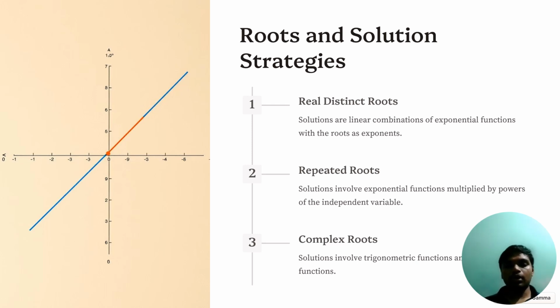There are three cases: two distinct real roots, one repeated real root, and complex roots. Two distinct real roots: if the characteristic equation has two distinct real roots, say r1 and r2, the general solution is y(x) is equal to c1 e power r1x plus c2 e power r2x.